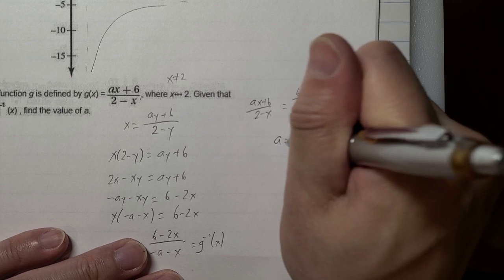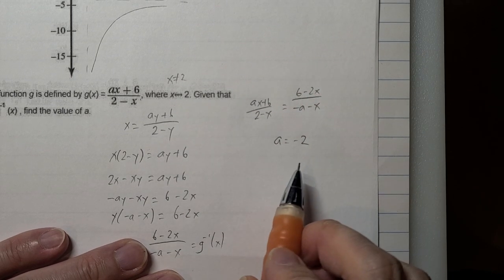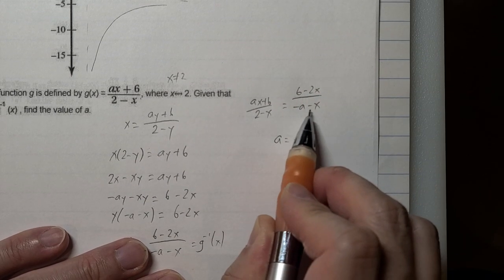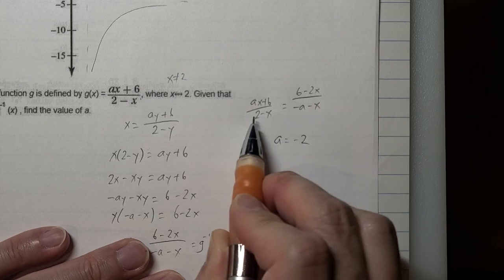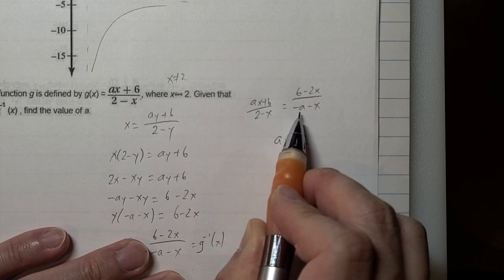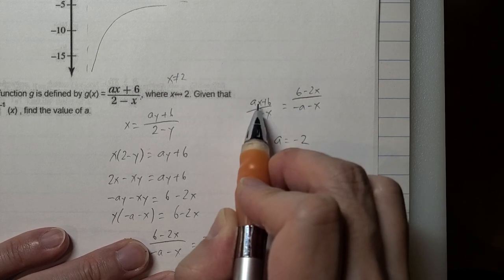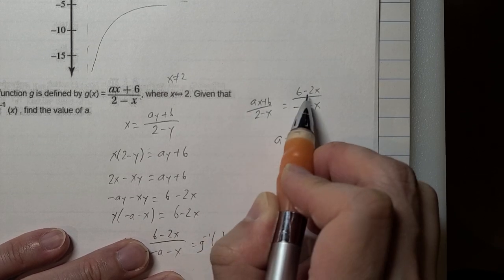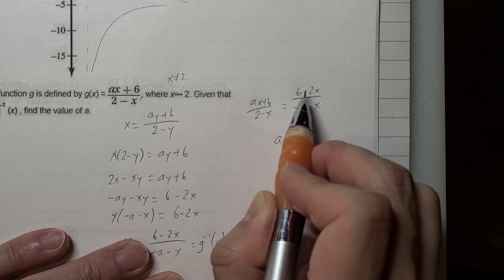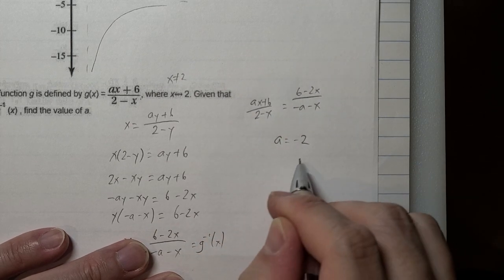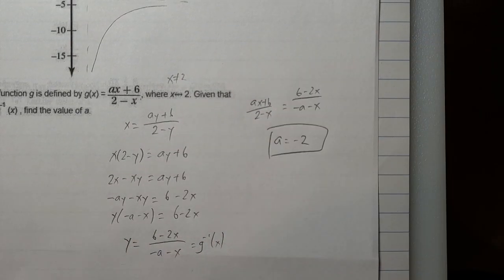We can see that a is -2, if you're able to see it. Because minus x is here and here. We have minus a should be equal to 2. So a is -2. Up here, we have 6 and 6. So then ax should be the same as -2x. So a is -2. And that's the answer.